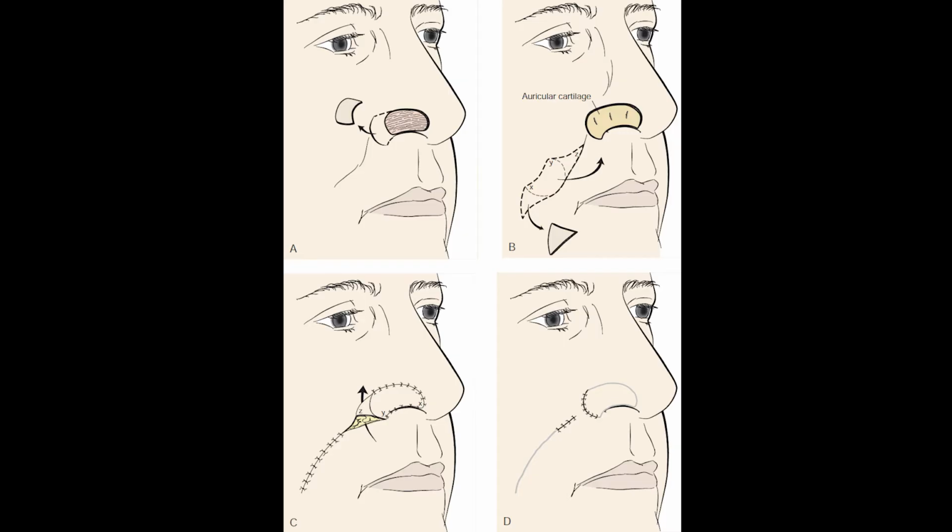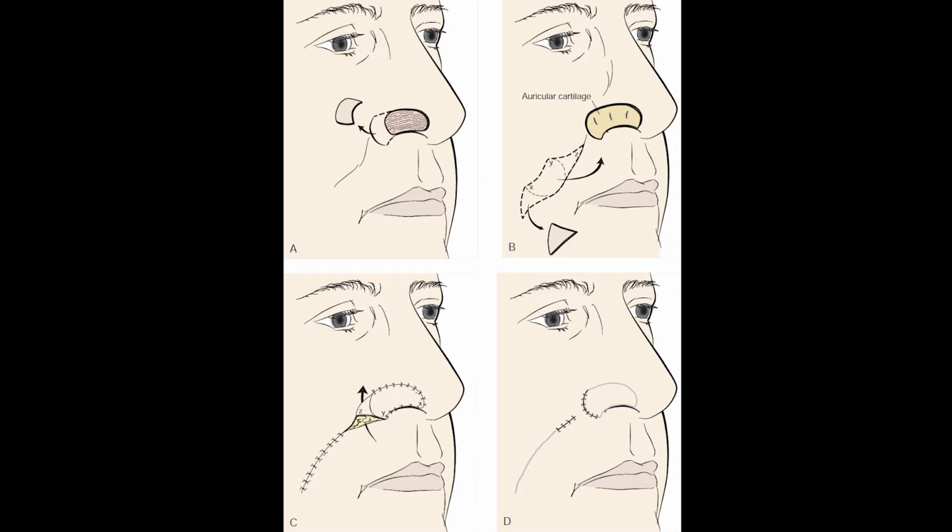And those flaps maintain their blood supply for a period of time. And so the melolabial flap is left attached for about 3 weeks. And this diagram helps explain it well. In the upper left-hand corner, you will see a nasal defect of the nasal ala.